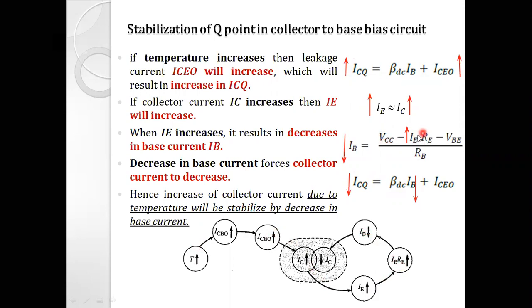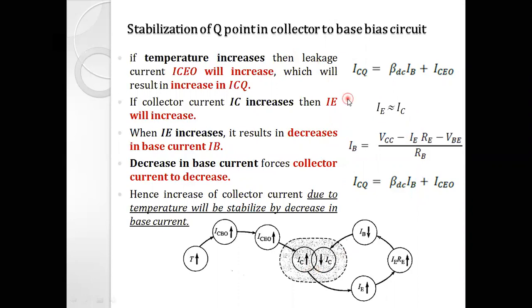That is from this equation, IB reduces, and because of the reduction in IB, IC also reduces. So the net change in the collector current is zero. That's right. So this emitter feedback bias circuit ensures the stability of collector current even though there is a change in the temperature value.